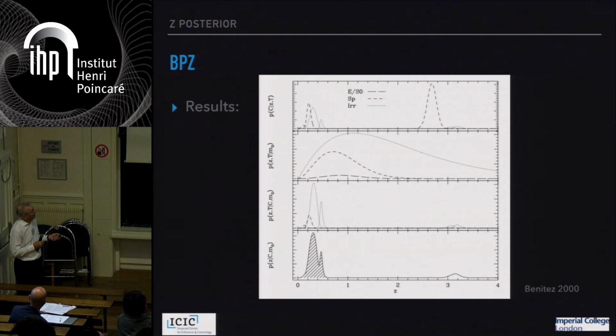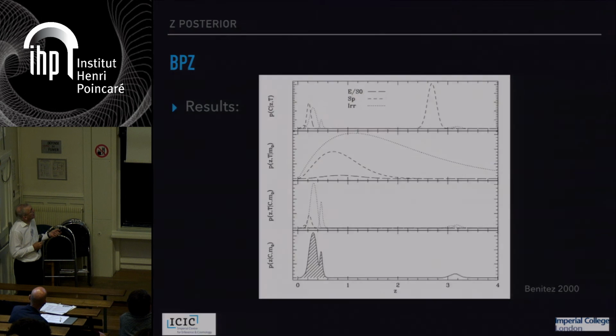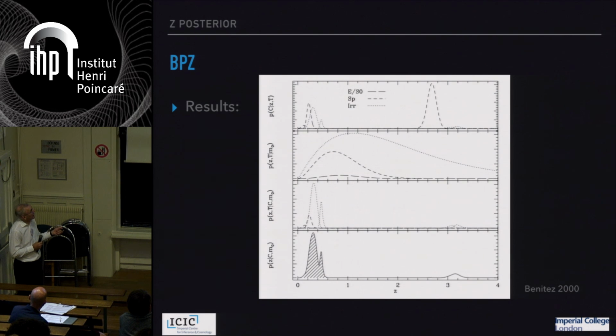So this is an example where the notion of having a posterior, which is a likelihood times a prior, rather breaks down, because once you've marginalized over the templates and the magnitudes, this doesn't simplify in any simple way.